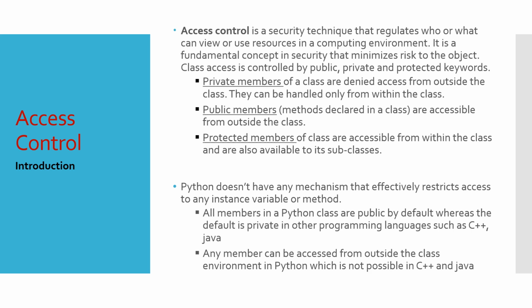Any member can be accessed from outside the class environment in Python, which is not possible in C++ and Java. Python is a little looser in access control, though there are different ways to tighten that control. But Java and C++ have specific declarations for managing the access of classes.